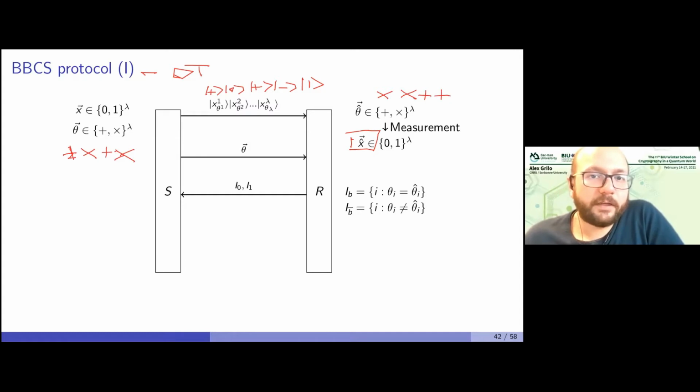Notice that the receiver, who knows both theta and theta hat, can split these positions into sets. The ones where they agree, for example in these two, theta and theta hat are the same, she will pick as the set and call it I_B, where B is the bit that she wants to learn.